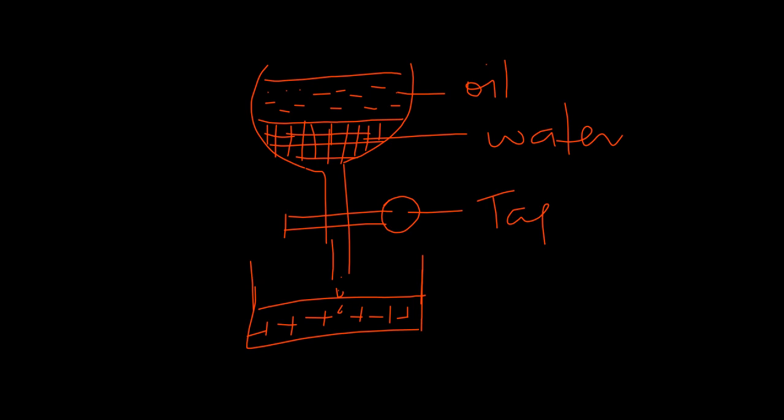Remember, you allow the water to flow in droplets until you get your first drop of oil. At that point, all of the water had flown out, and you are left with the oil in the funnel. You have separated the two. Water trapped in this container, whilst the oil would remain in the separating funnel.